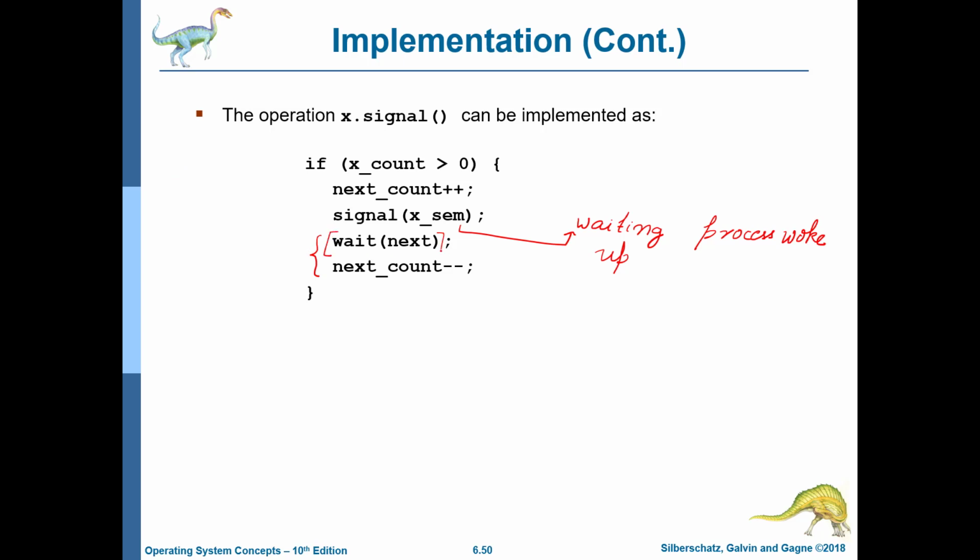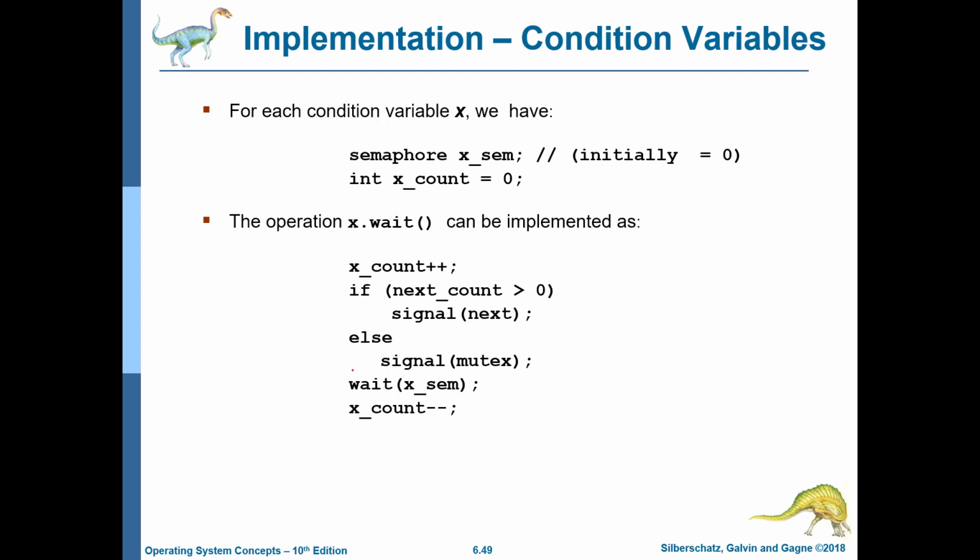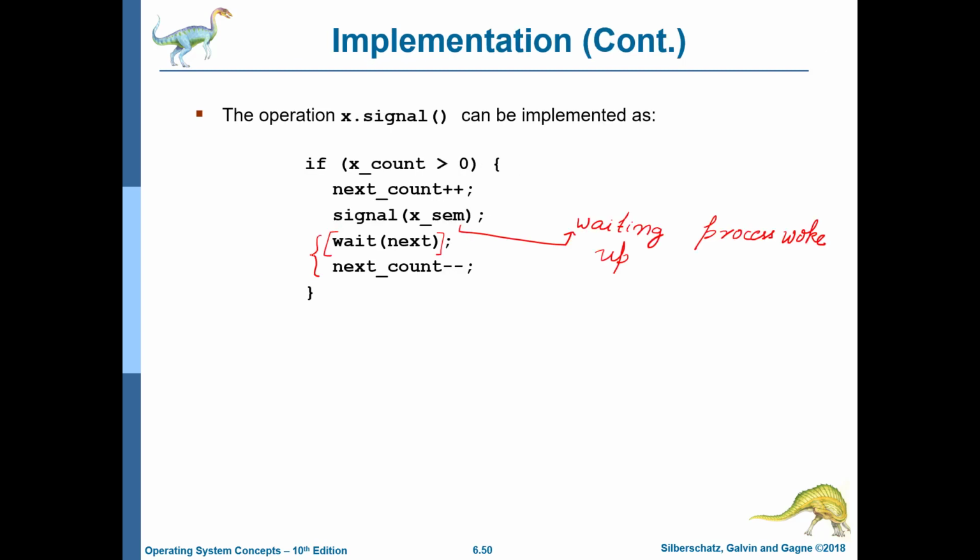At this point, it goes to sleep. It waits on the next semaphore, which is essentially an internal wait, and then waits for somebody to wake it up. Clearly, when the waiting process exits, which is this point over here, if there is a process that is pending, it will signal it.